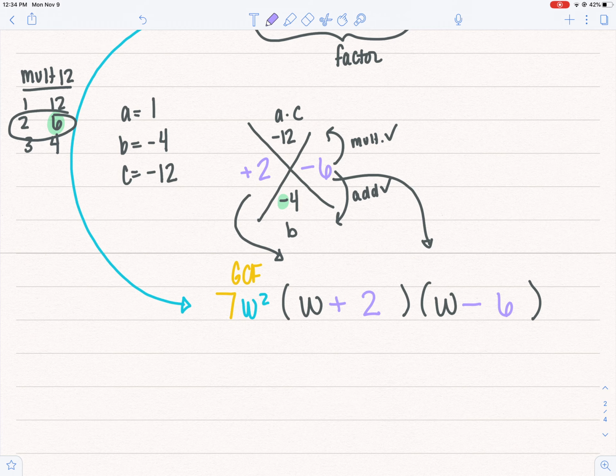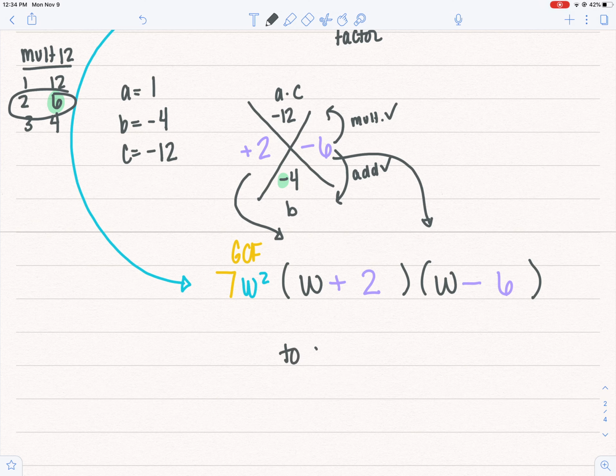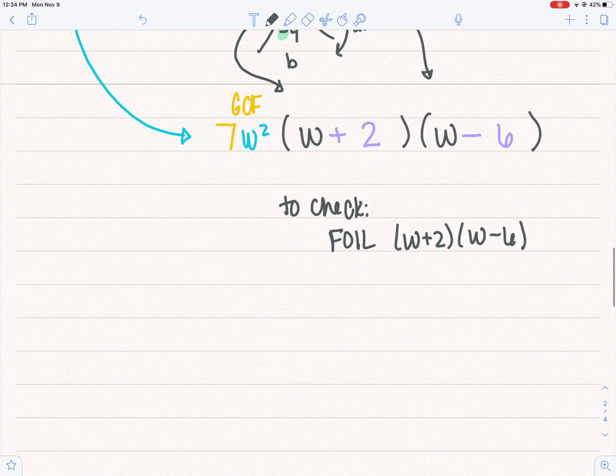If you wanted to check this one, it looks a little bit different, but to check it, you would have to FOIL w plus 2 times w minus 6. So I'll take a second to do that. W times w is going to be w squared. W times negative 6 is negative 6w. 2 times w will be 2w. And then 2 times negative 6 will be negative 12.